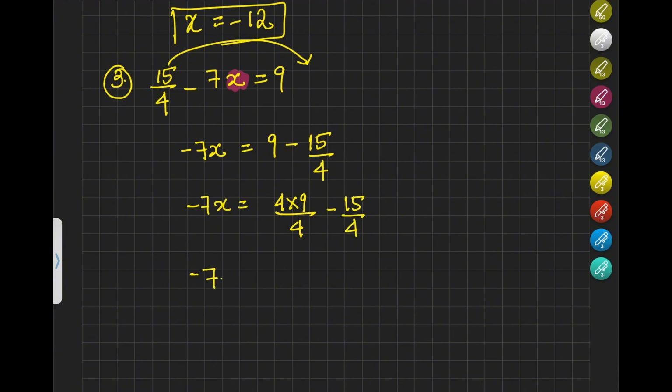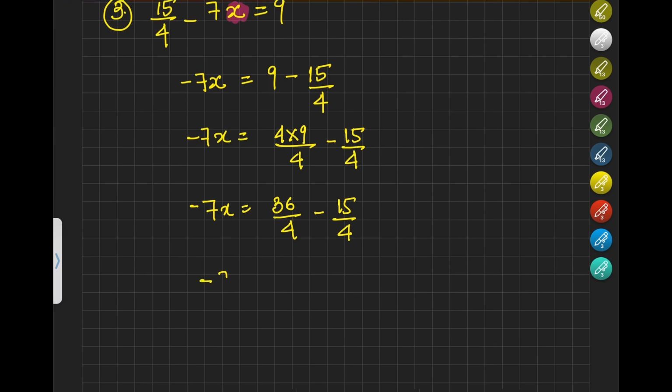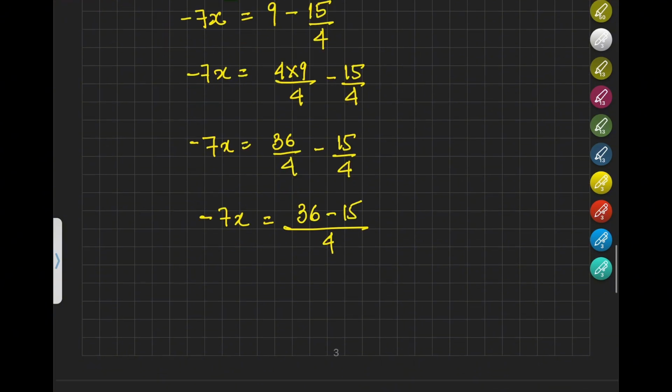So minus 7x is equal to 36 by 4 minus 15 by 4. Now I can take the LCM as 4. So 36 minus 15. So minus 7x is equal to 21 by 4.